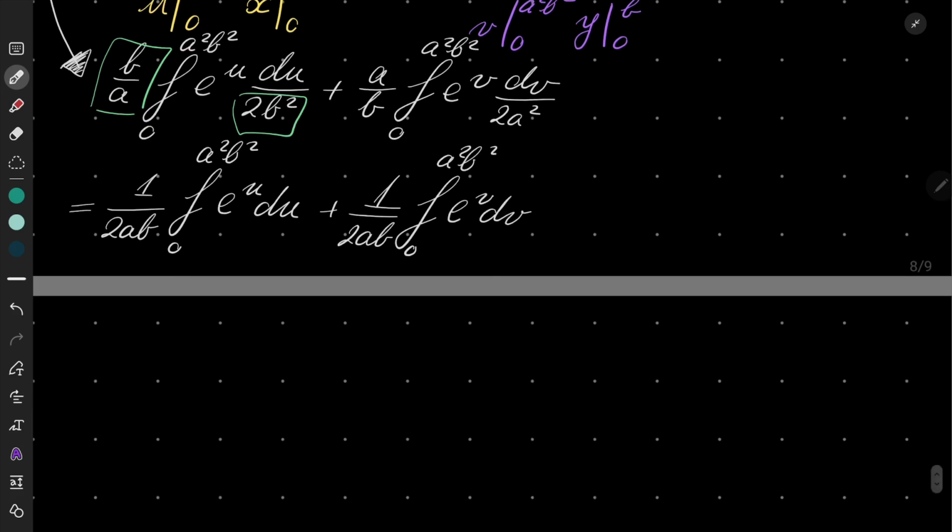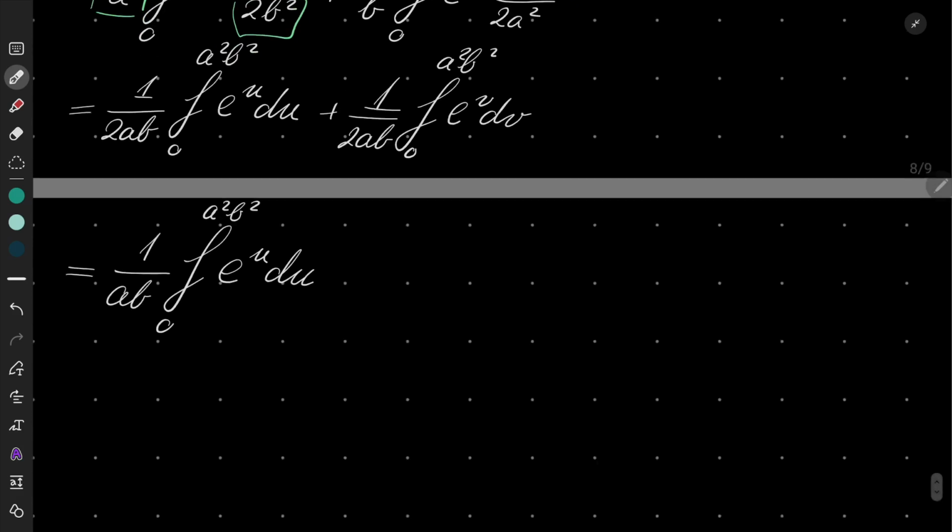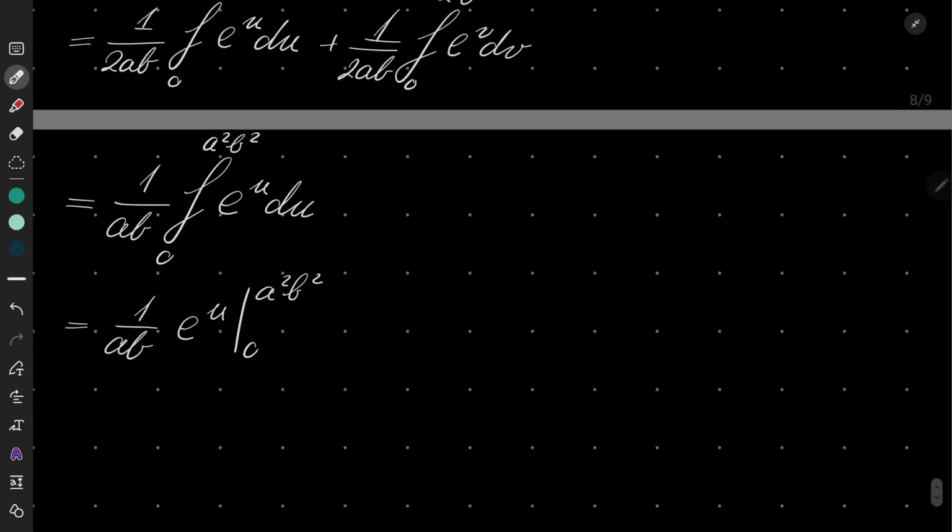It's the same integral, so let's write it only once. 1 over ab integral from 0 to a squared b squared e to the power of u du, and it's a pretty elementary integral, because we know that we just have to evaluate e to the power of u from 0 to a squared b squared, and that's e to the power a squared b squared minus e to the power of 0, which is 1 over ab.